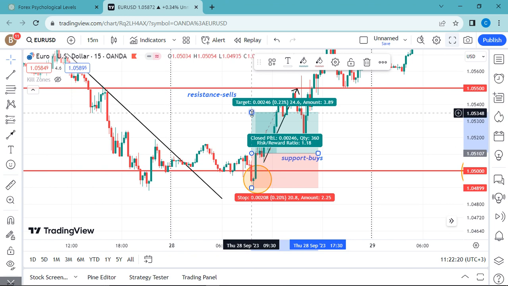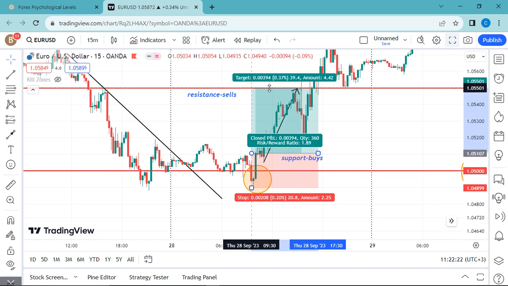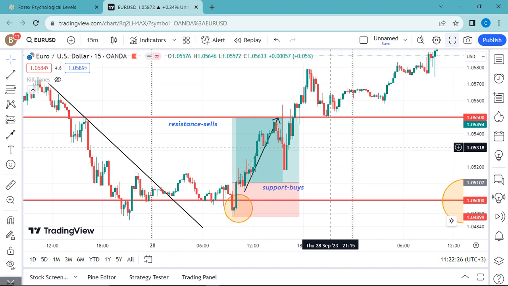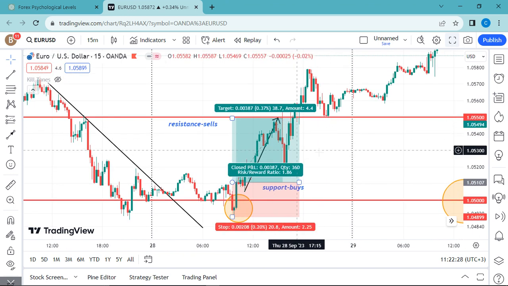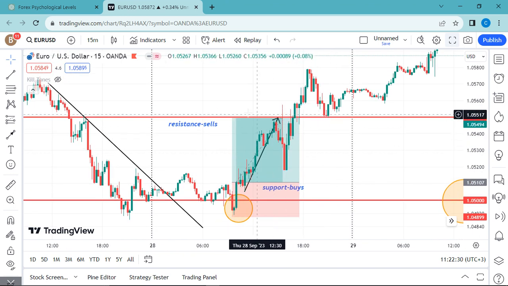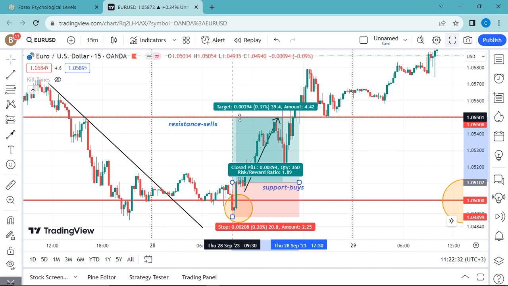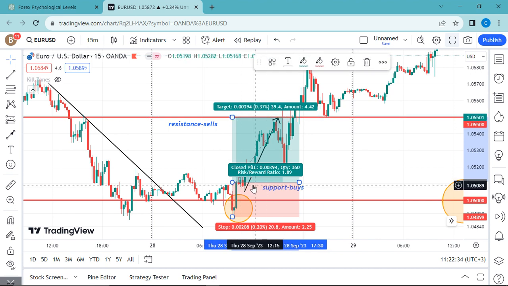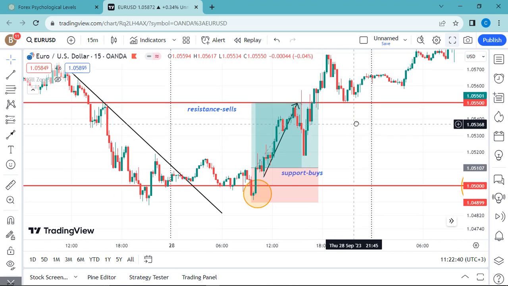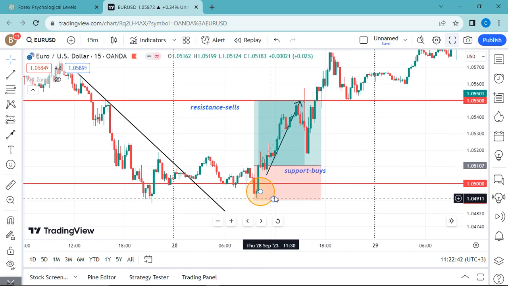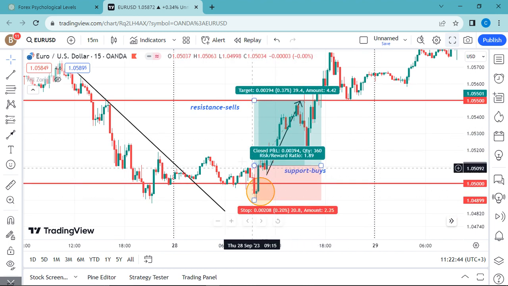And you can just target the next psychological level, which will act as your profit target in this resistance level, right? Because this is support, resistance. Support you buy, resistance you sell. So you could have taken profit after you've seen this candlestick pattern.